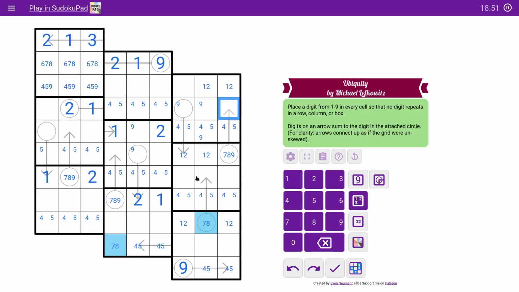This has to be not 1, not 2, not 4, not 5, not 9. That makes this cell either 3, 6, 7, or 8. And this cell is a minimum of 4, so this can't be 6, 7, or 8. 3, and that leaves 4, 5, or 6 here.